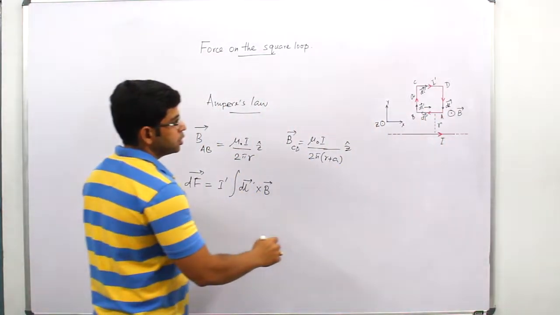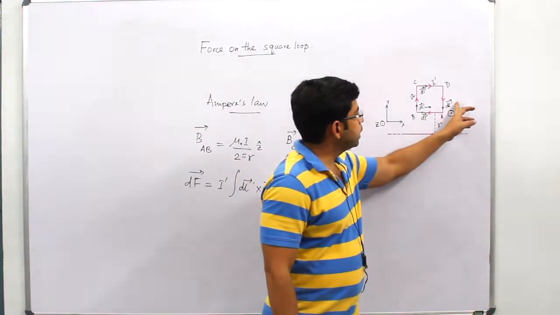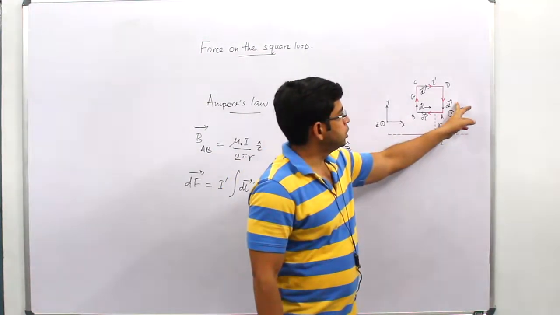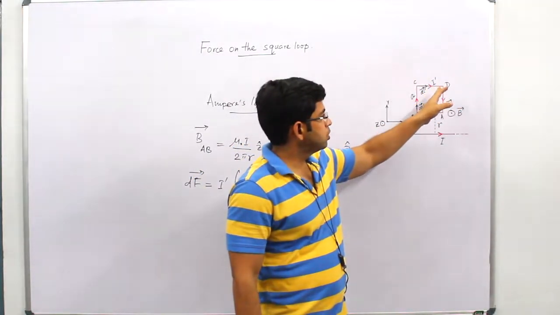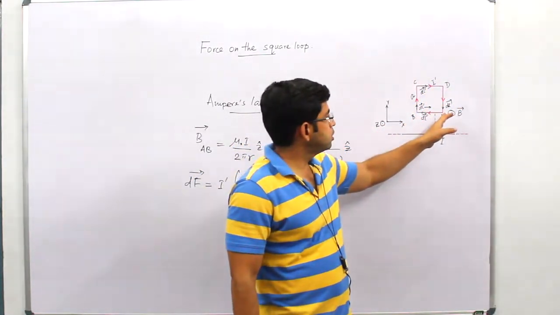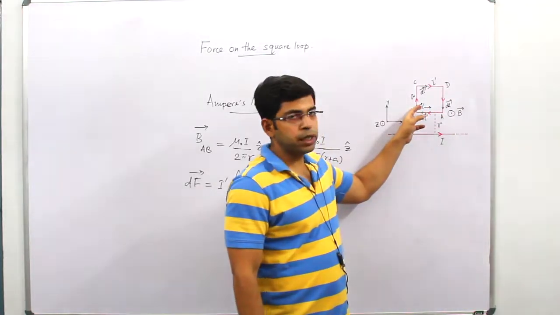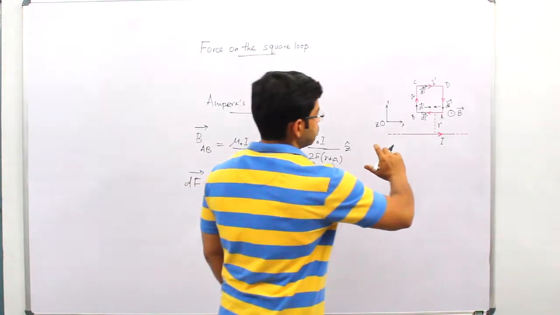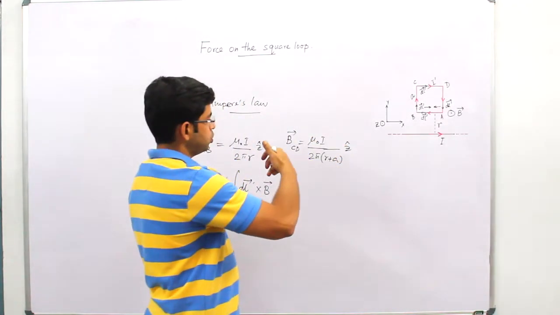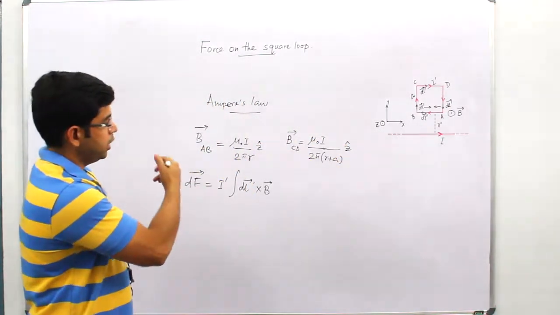Again, if we consider a similar length element dl prime on the arm AD, the direction of the length element is, according to the direction of the current, anti-parallel to the direction of the length element on the arm BC. So if you apply the right hand screw rule, this dl prime cross B will point along the negative x direction.